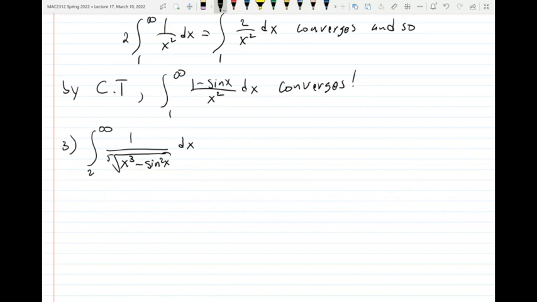So we are expecting this function to behave like 1 over the 5th root of x cubed, which is 1 over x to the 3 over 5. That would be a p integral. So are we expecting this to converge or diverge? 3 over 5 is less than 1. What do you know about p integrals of type 1 with p less than 1? Diverge. So you're expecting to get divergence from here. Now you just need to do the calculations to justify this, but it's good to build this intuition.